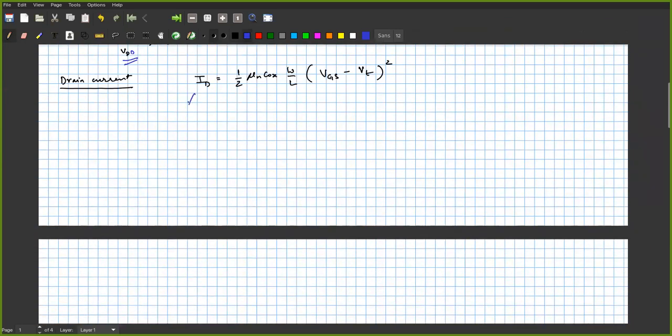Here this drain current is the DC bias drain current, and VGS here is the DC bias gate to source voltage.